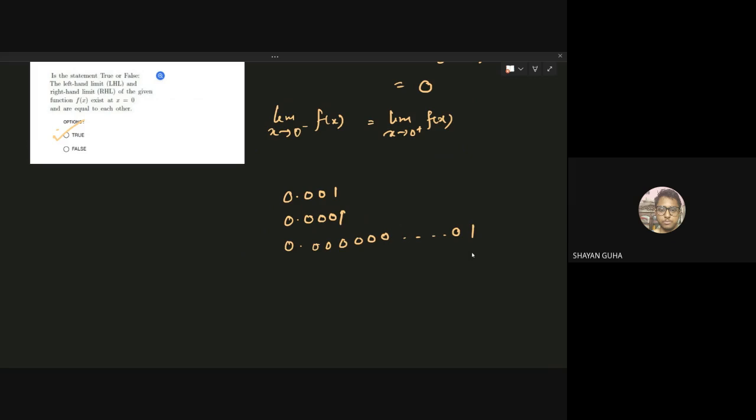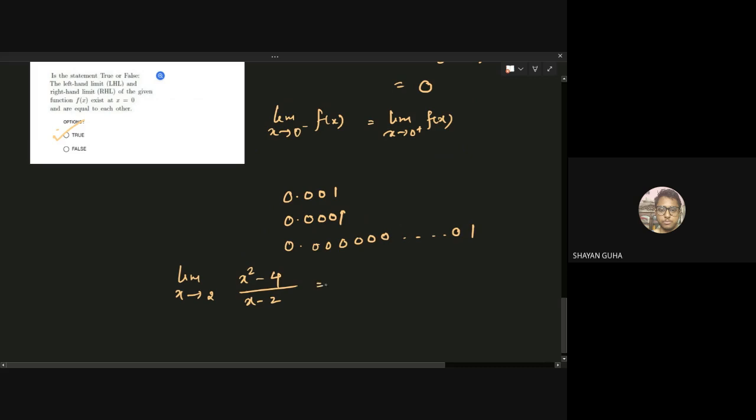It's a concept. Even this kind of concept is used in polynomials also. When you are given a limit to calculate, like limit x tends to 2 of (x square minus 4) by (x minus 2), what we do is we simplify this. How? We write (x minus 2)(x plus 2) divided by (x minus 2). Now, if x is equal to 2, then this function becomes undefined, right?